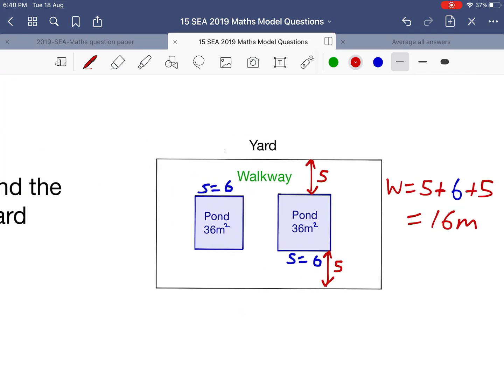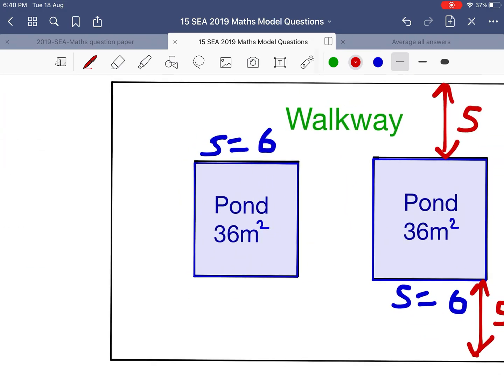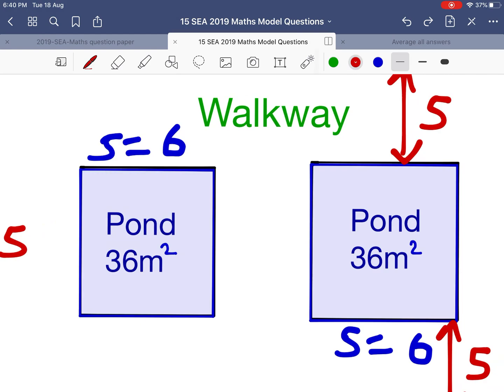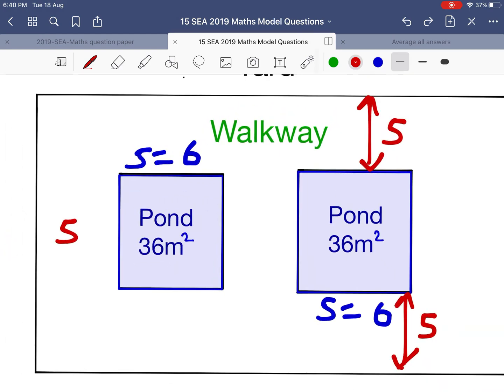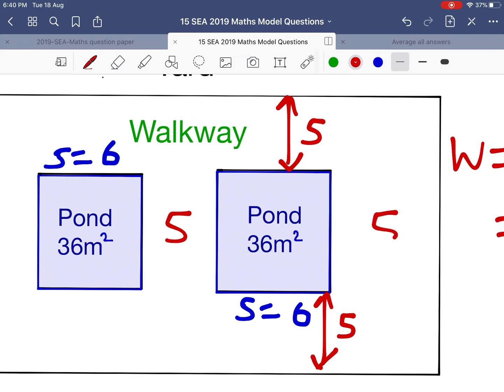And then the length would be the 5 here for the width plus the 6 plus the 5 here again plus the 6 plus the 5.